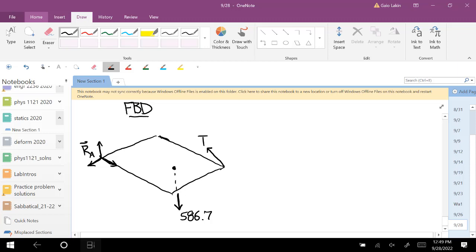And then the one here doesn't have thrust, so that only has x and y components. Call that RBX and RBY. And there are no couples on this because we have two pin joints that share an axis, so you leave the couples out.